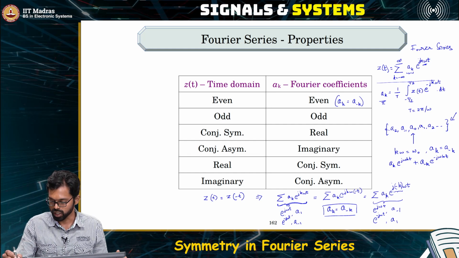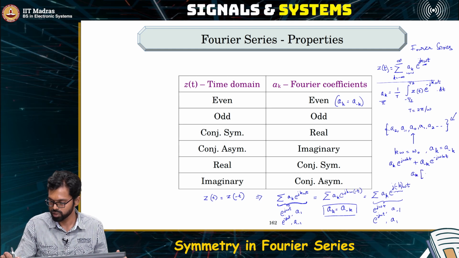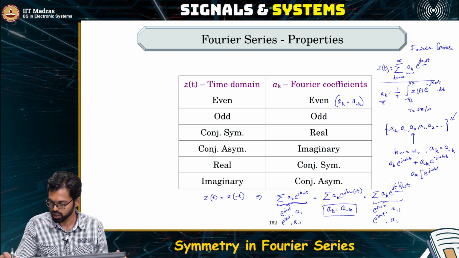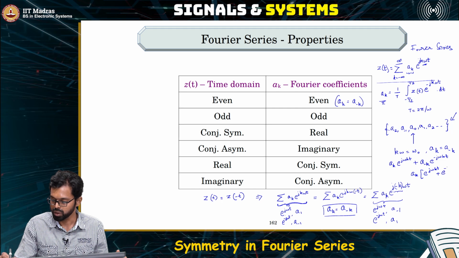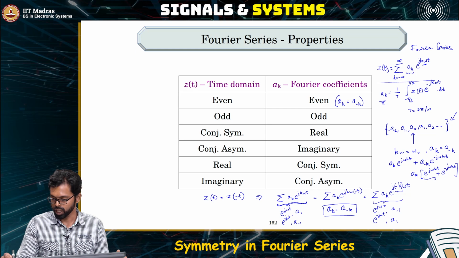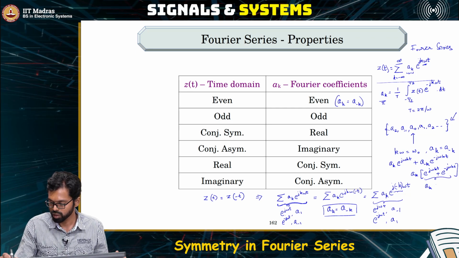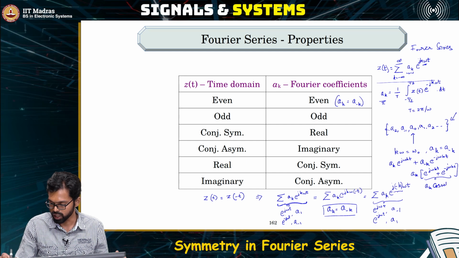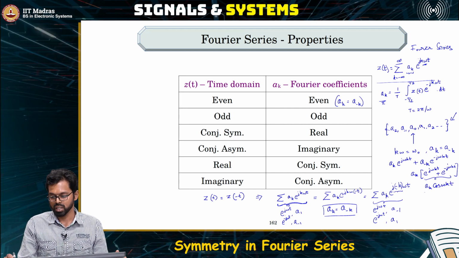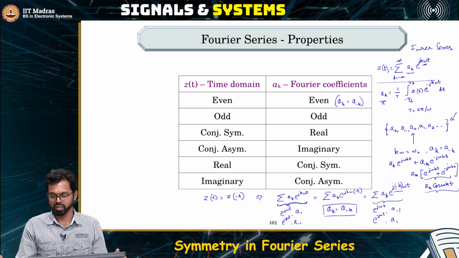If the coefficients are exactly the same, then you can say that this is ak of e power j omega kt plus e power minus j omega kt, which put together would actually give you ak cos omega kt, which essentially makes this signal even, because cos is an even signal.